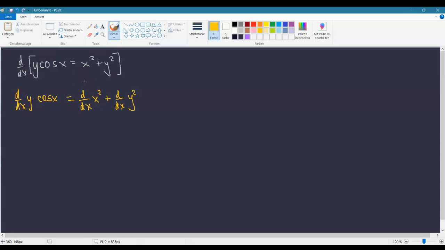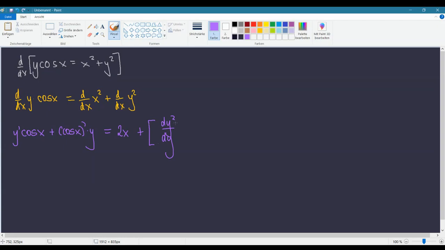So our next step, we're going to do the simple ones, and then we're going to work ourselves out to the slightly harder ones, but we're going to write it all down as we go. This is going to be y prime times cosine x plus cosine x prime times y equals 2x, because that's just the power rule, plus, and now we're going to have a chain rule, so I'm going to put it in brackets to keep it really clear, d(y squared)/dy.